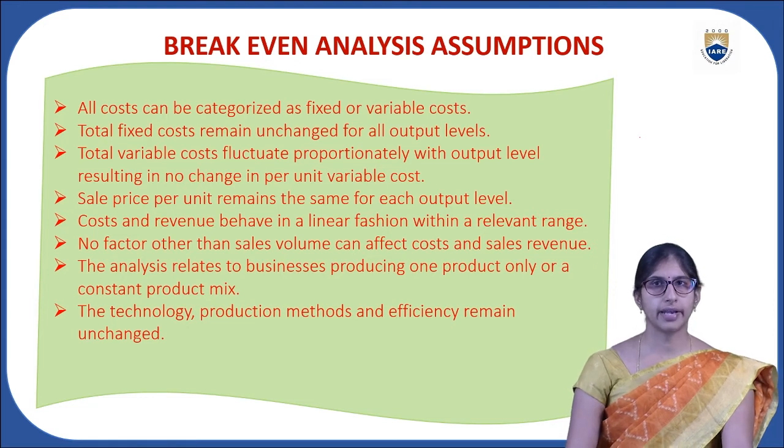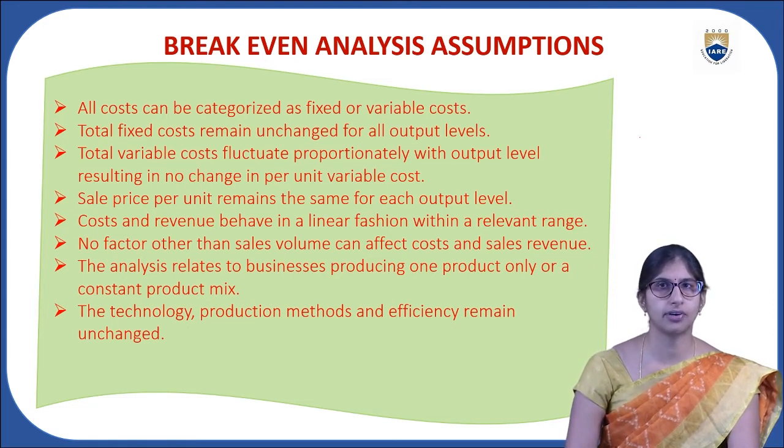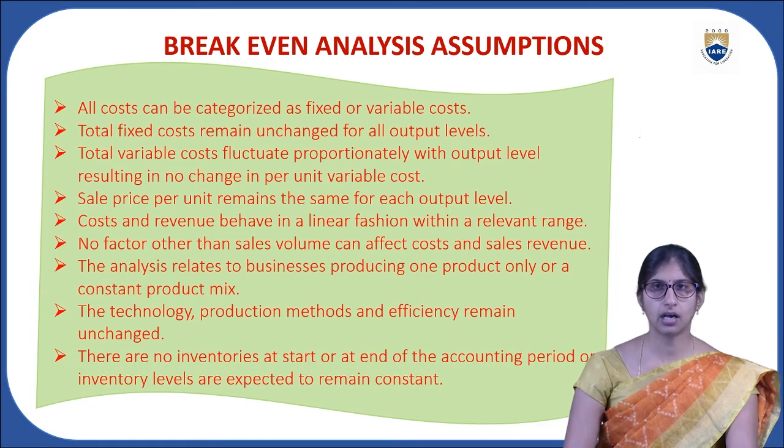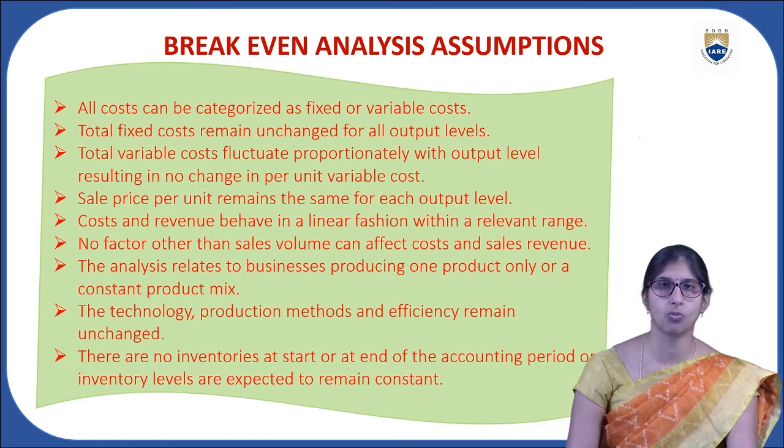The next one is that different production technologies, production methods, and efficiency remain constant. And the last one is that there will not be any inventories. All the stocks associated with manufacturing the product will be completely used up, so there will not be any closing stock.